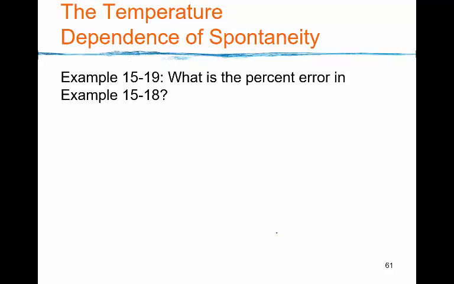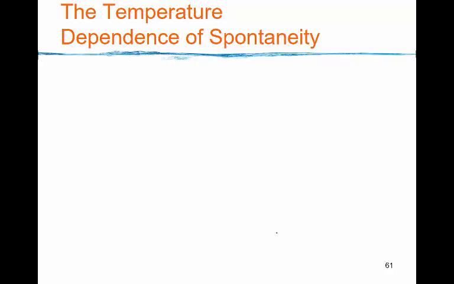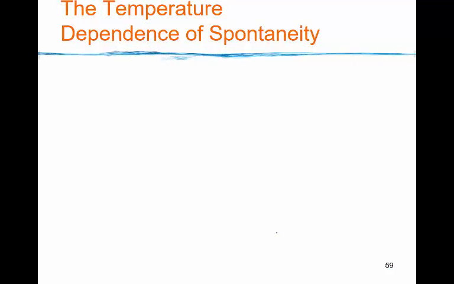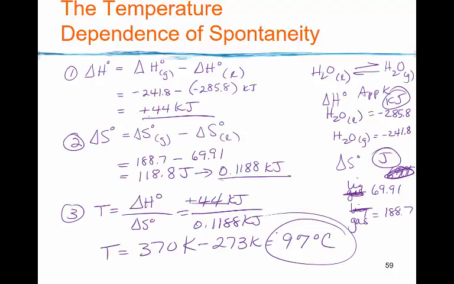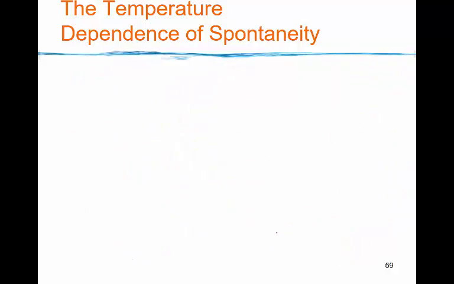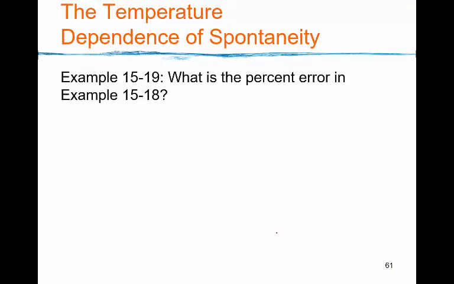Our answer was 370 Kelvin, right? So 370 Kelvin is what we got. Well, we know that the actual boiling point of water is what? 100.